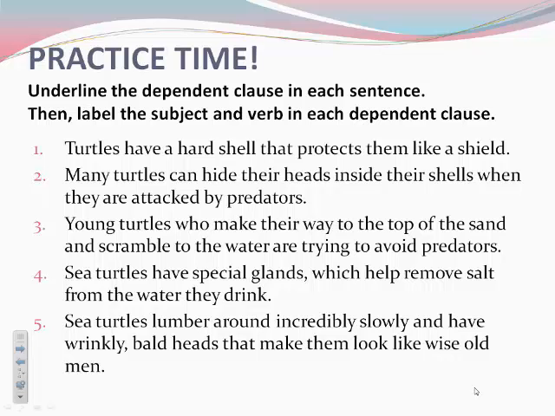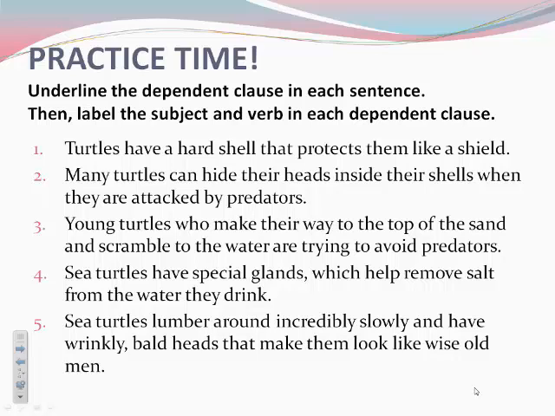Okay, so now you guys have these practice exercises in your notes. I'll walk you through the first one of each exercise, and then I want you to finish the rest on your own. Okay, so number 1 in practice time 1 says underline the dependent clause in each sentence, then label the subject and verb in each dependent clause. So number 1, turtles have a hard shell that protects them like a shield.